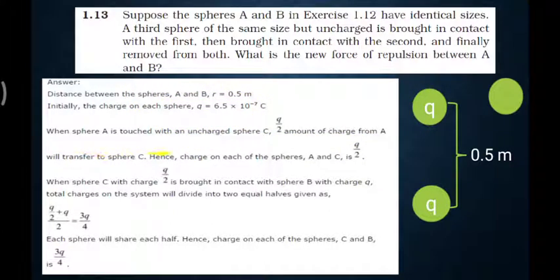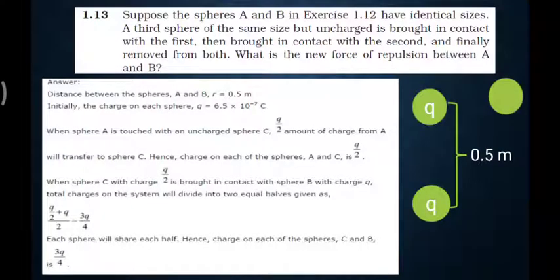A and C will come, so call them A, B, and this is C. A and C come into contact, so Q by 2 comes into the picture, and this Q by 2 charge now comes into contact with B, which has Q. First of all, before you judge the half charge transferring between C and B, you have to be clear about what the total system charge is.